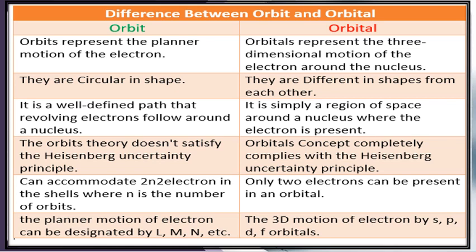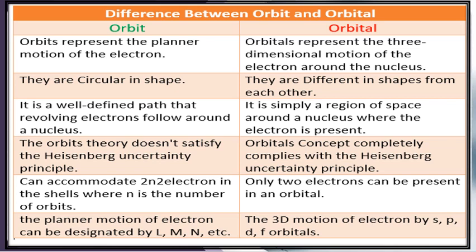You can call them s with the spherical shape, the dumbbell shape of p, and the double dumbbell shape of d, right? Orbits are the well-defined paths that revolving electrons follow around a nucleus, while orbitals are the regions in space where an electron can be present, or where the probability of finding an electron is maximum.